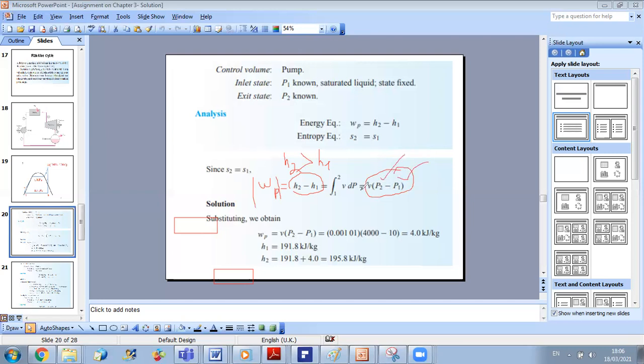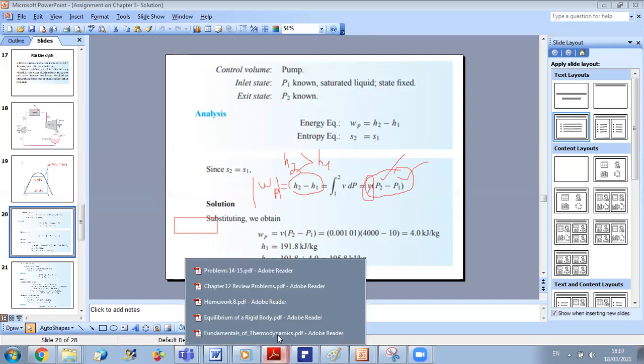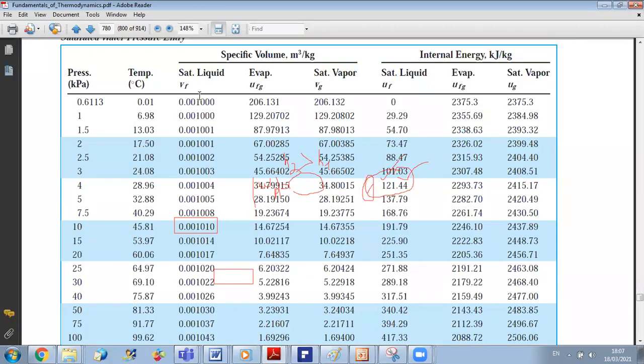The specific volume at point 1 is considered to be equal to point 2 since we are working in the compressed liquid state and we don't have a high variation. In general, for the value of V to change, we need a very high variation in pressure. If you look at your table here, you can see that V is nearly not changing a lot.